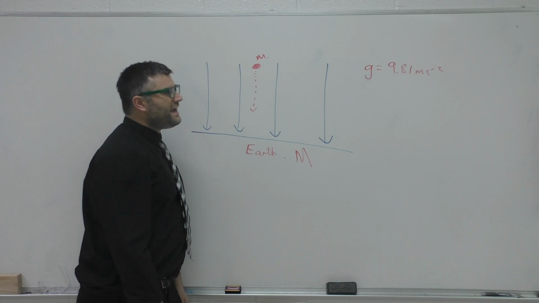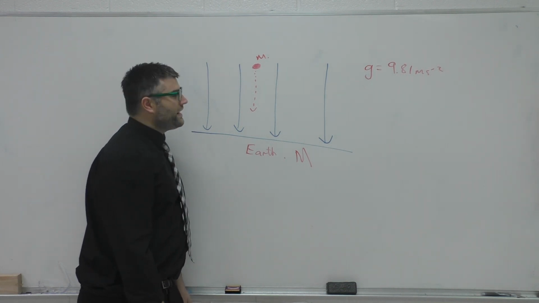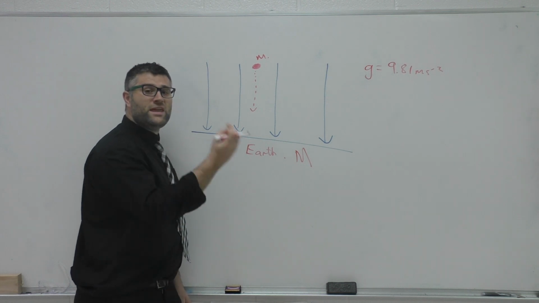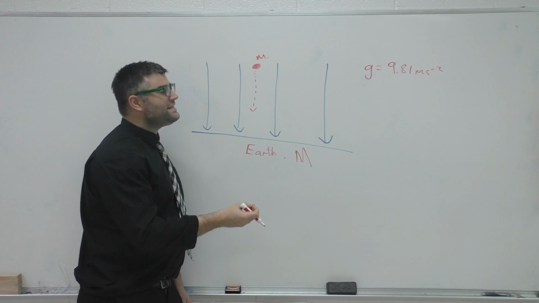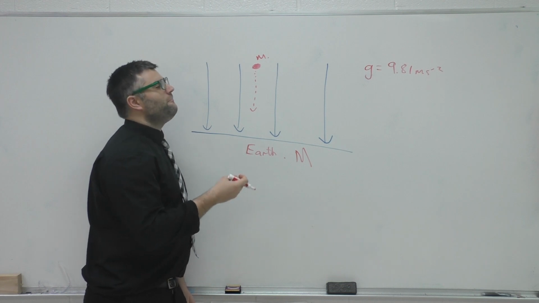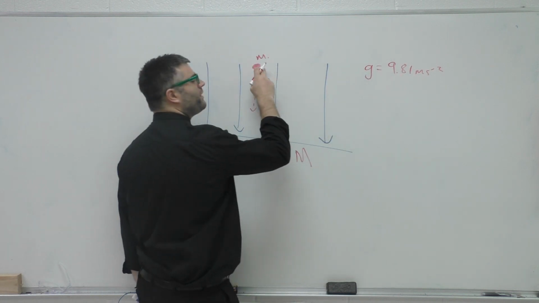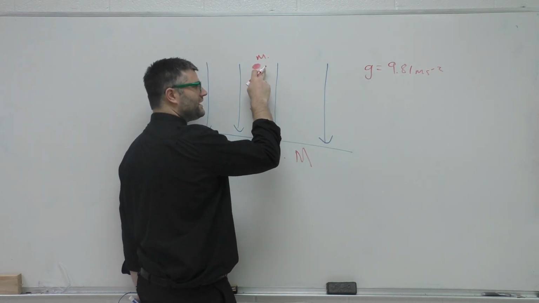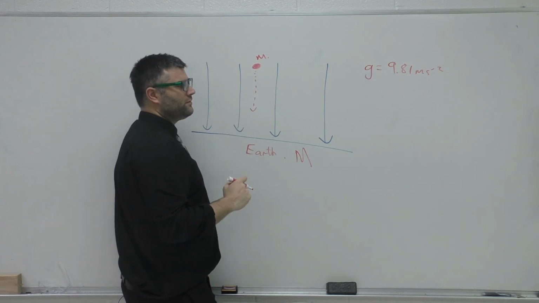Now, that is actually not so much an acceleration anymore, it's now a field strength. It's the strength of this field. It's the amount of speed that this object is going to gain per second when placed at this point in this field.